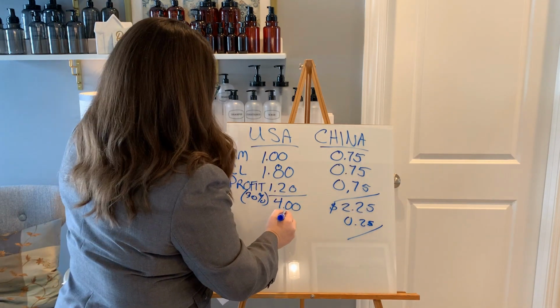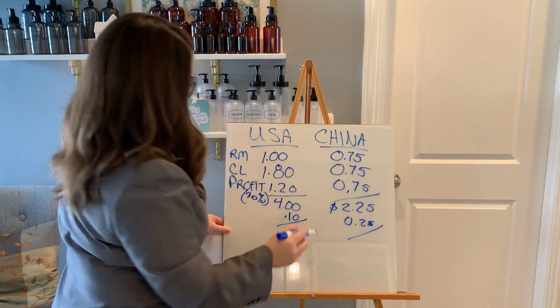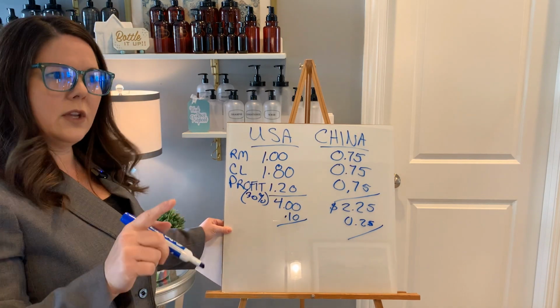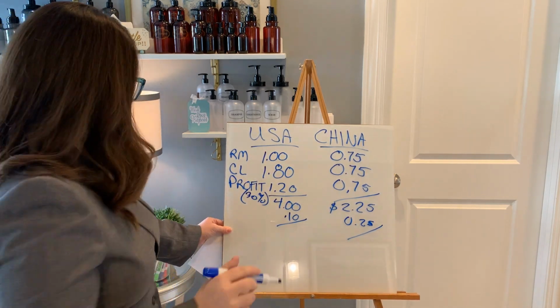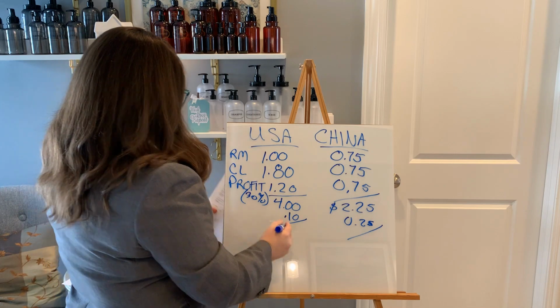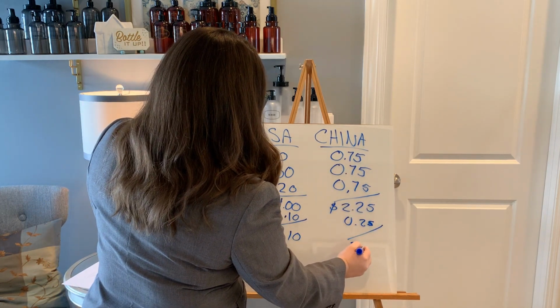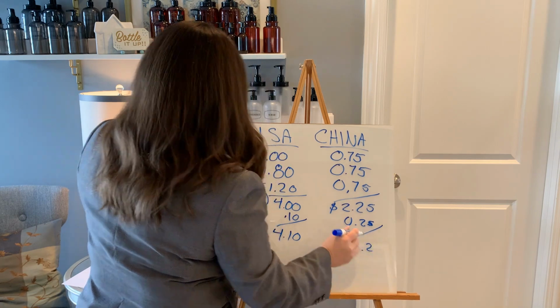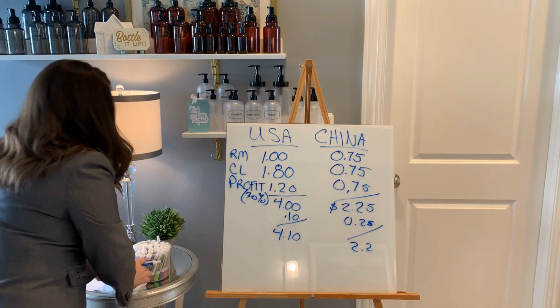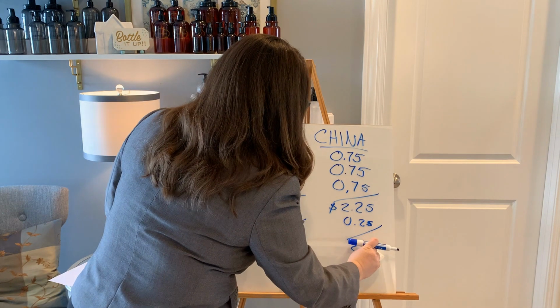So that still costs some money. Let's just call that 10 cents a unit. It is a little bit cheaper to ship within the United States than coming across the sea. So that comes to about a per unit cost of $4.10 compared to a cost in China of about $2.50, okay?